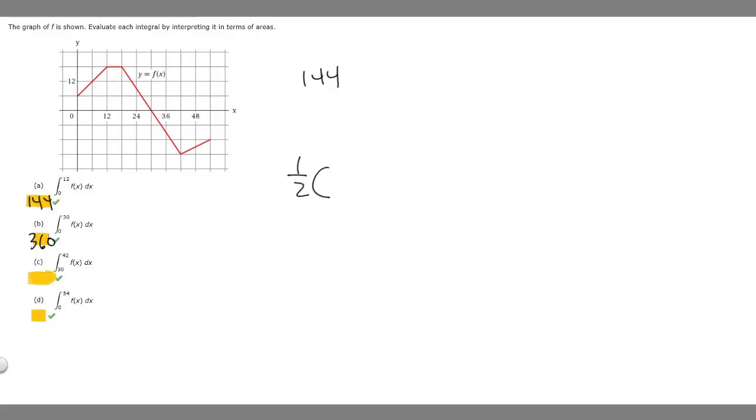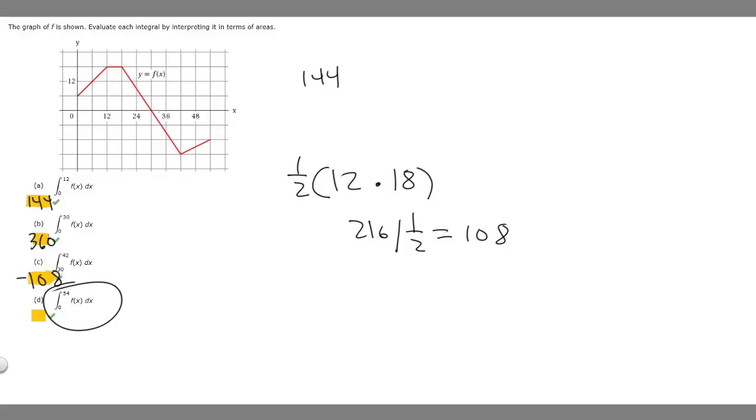So 1/2 times our base, which is 12, times our height, which in this case is 18. 12 times 18 is 216, divided by 2 equals 108. But since it's below the x-axis, it's going to be negative. So negative 108.